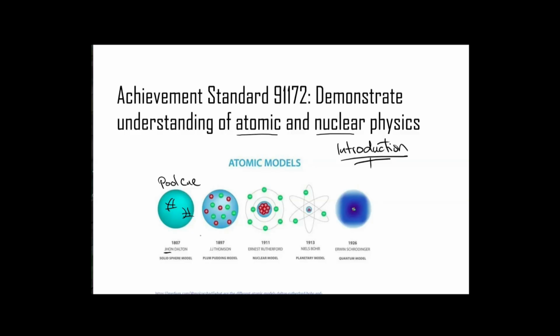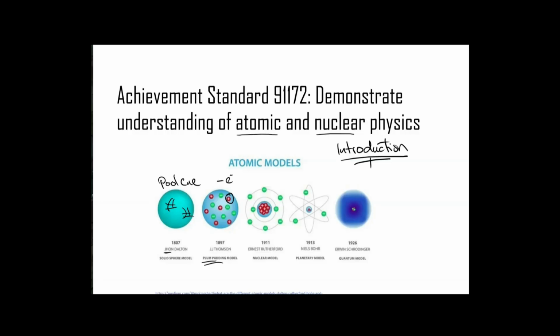The next person that had a sort of educated guess was J.J. Thomson. By this time, we discovered that there were subatomic particles, negative electrons and positive protons. We didn't know about neutrons yet. And J.J. Thomson thought that the atom was kind of a plum pudding, and you'll often hear this being described.